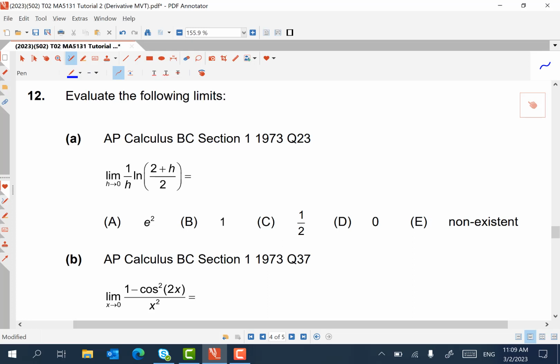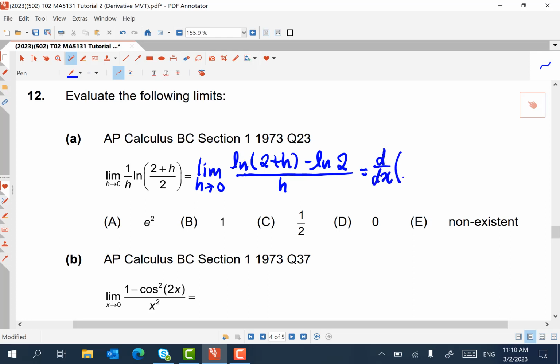Okay, number 12. Now, there are various ways to do number 12. One approach is to rewrite number 12 as ln of something, and then very quickly you recognize that it matches the definition of the differentiation of the function ln of x evaluated at x equals 2.